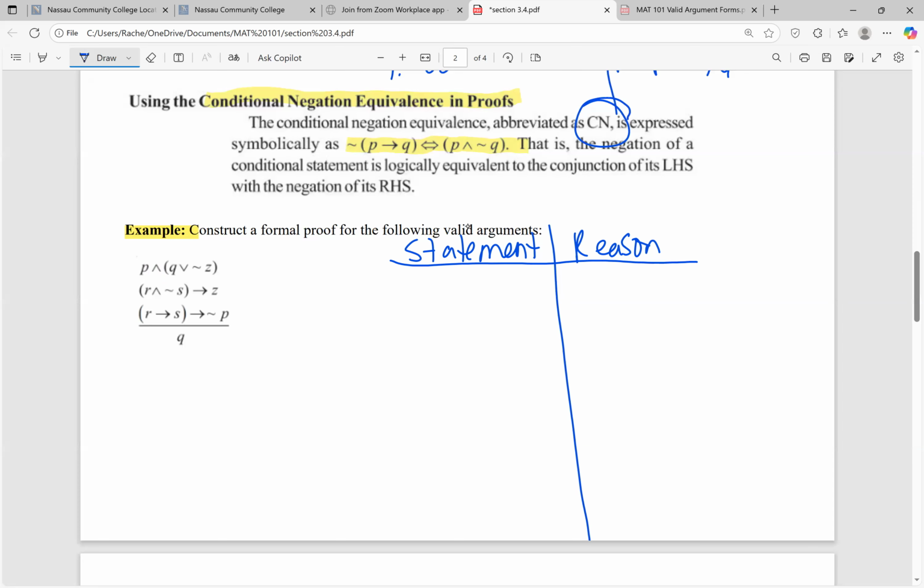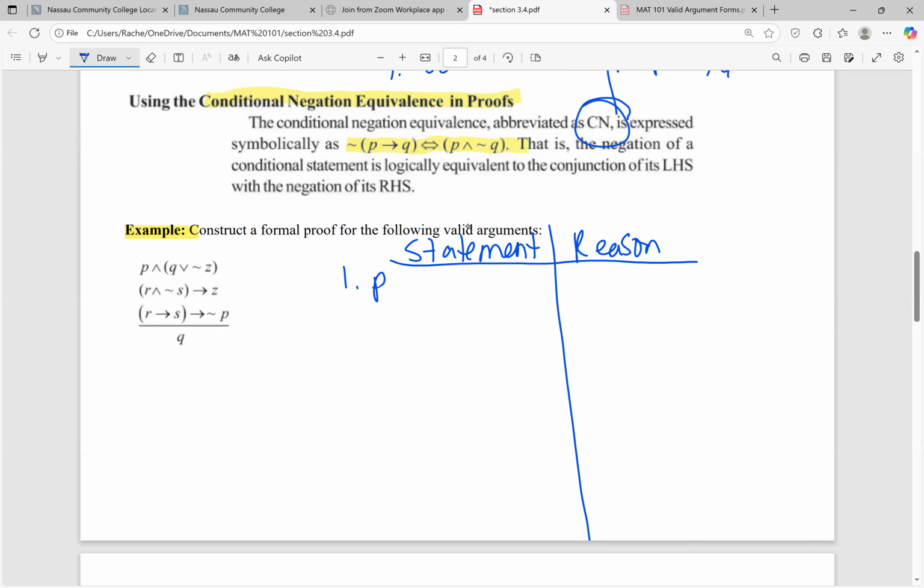And the reason I'm liking that for this one is because we could state that P is true, and then I have not P for the right-hand side of this third conditional, so I'm thinking modus tollens. So let's start with that.